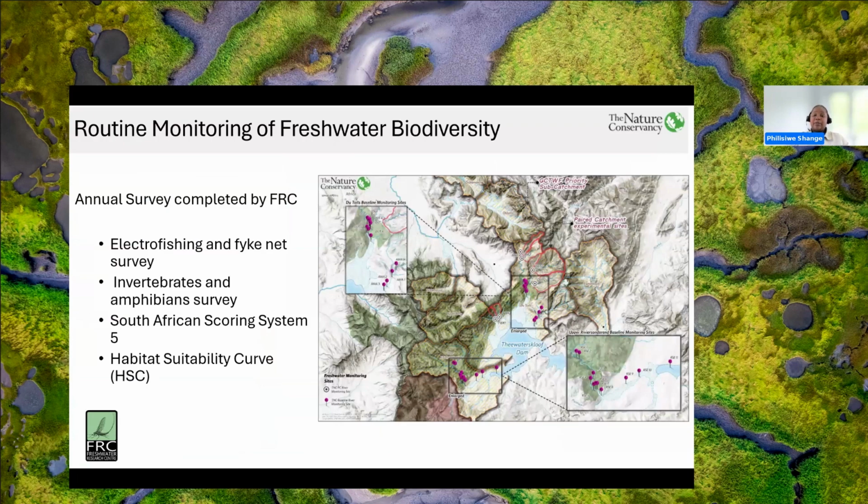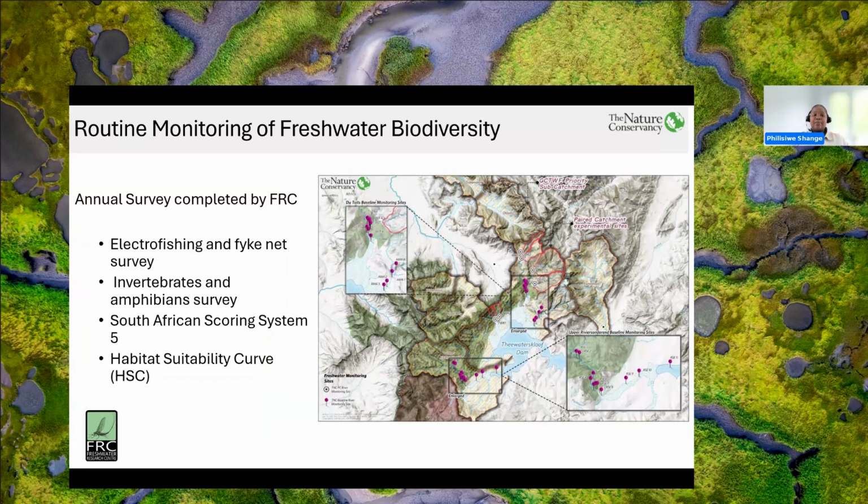For this component of the monitoring and evaluation framework, these surveys are completed annually, and they are supported by the Freshwater Research Center, which is an appointed consultant that supports us by conducting this survey.